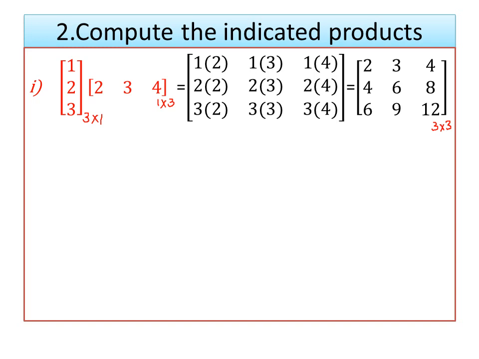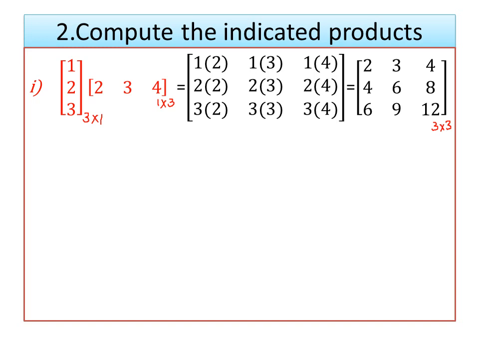First, we'll multiply first row to the first column, second column, third column. Gives 1 into 2, 1 into 3, 1 into 4. Then second row to the first column, second column, third column gives 2 into 2, 2 into 3, 2 into 4.